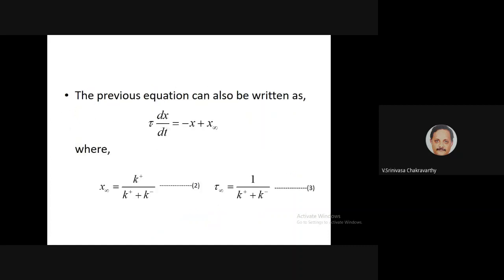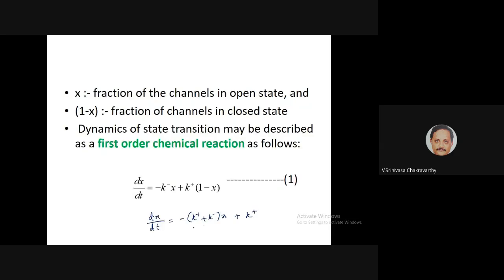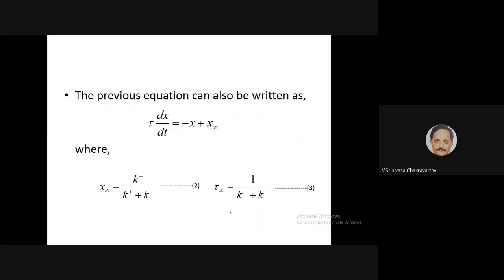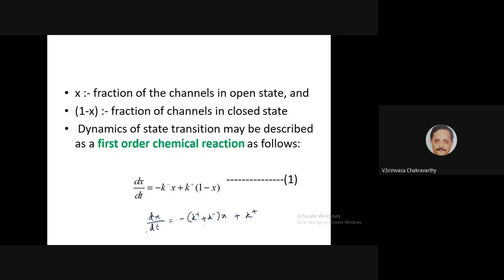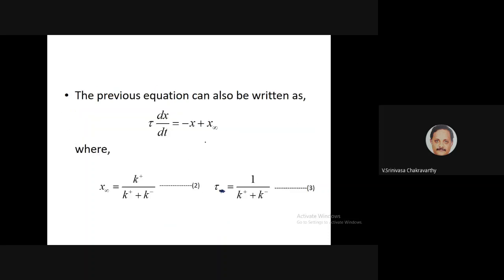Then you will have some factor times dx by dt, equal to minus x plus x infinity, where tau is nothing but 1 by k plus plus k minus. So that is your tau. Not tau infinity, it's just tau. Whereas k plus divided by k plus plus k minus is called x infinity.